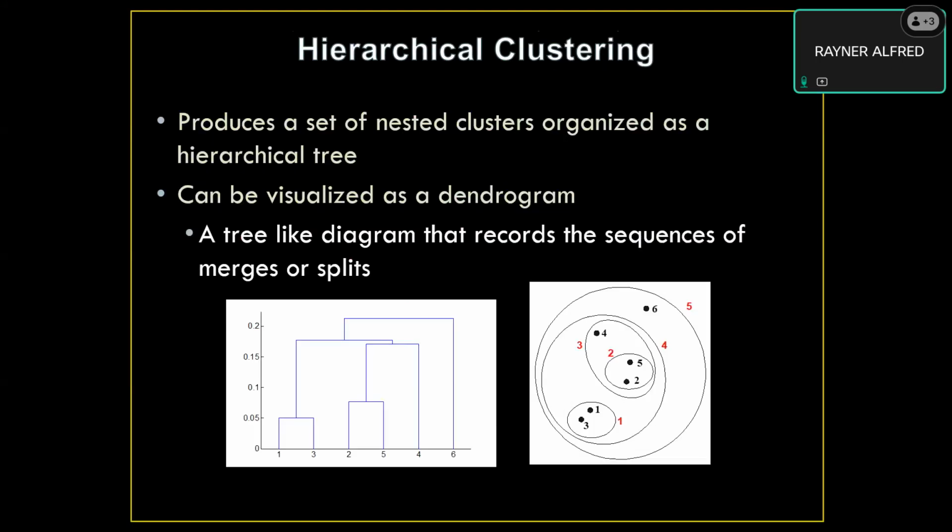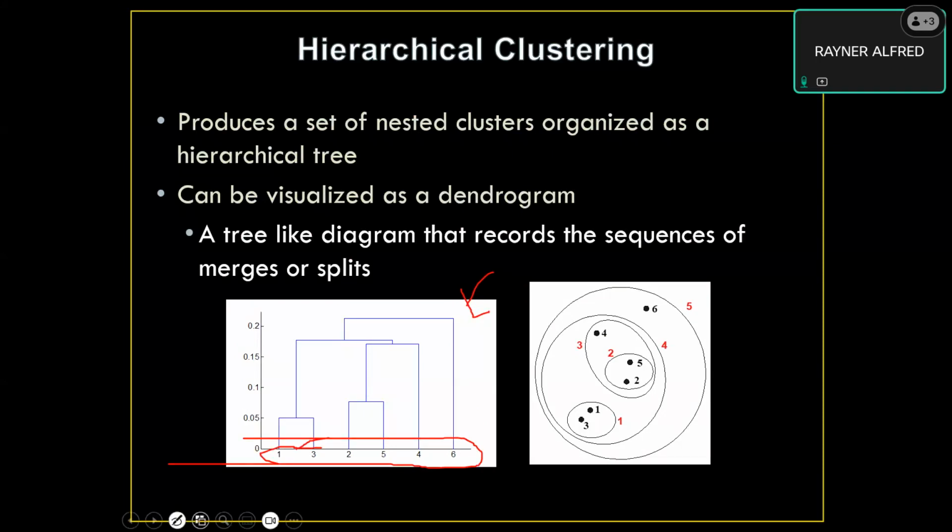This one produces a set of nested clusters organized as a hierarchical tree. For example, like this, it can be visualized as a dendrogram or a tree-like diagram. As you can see, each individual data point here is considered as one cluster.